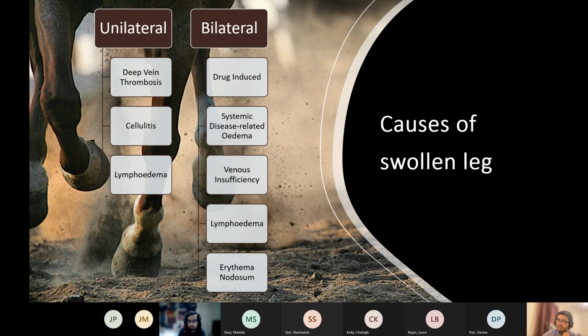Does anyone know how you tell the difference on examination if you saw a swollen leg and you weren't sure whether it's lymphedema or just some other edema? This doesn't really work in real life, as I'm sure Ahmed can verify, because it's something you just have to learn for exams.